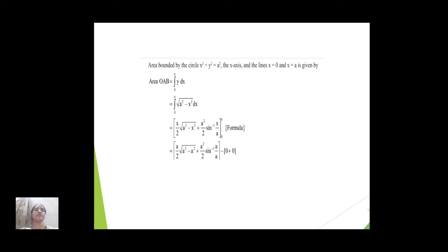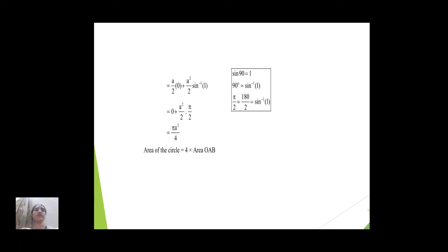Then if we substitute upper limit, in the place of x a, we will get a by 2 into square root of a square minus a square plus a square by 2 into sin inverse of a by a, that equal to a by 2 into 0 plus a square by 2 into sin inverse 1. So a square by 2 into pi by 2, pi a square by 4.